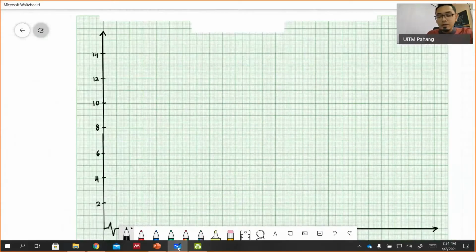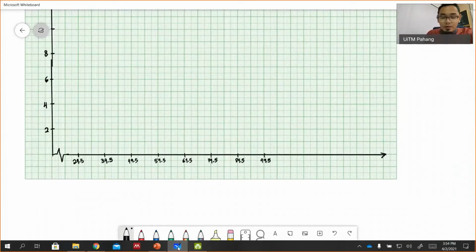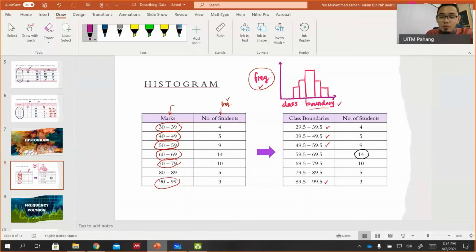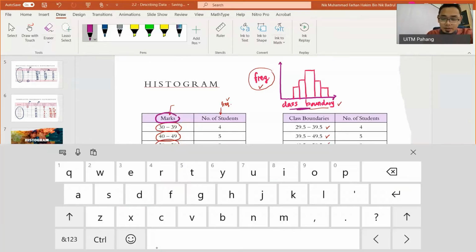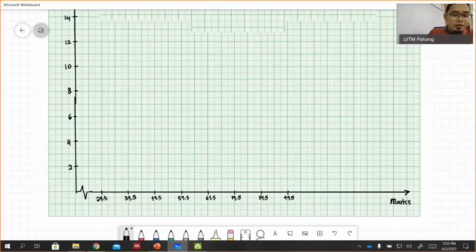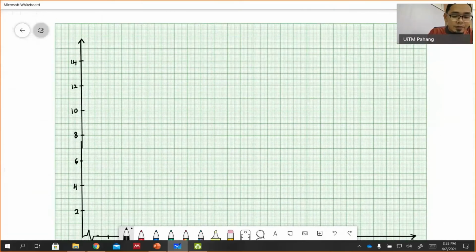On the horizontal axis, or the x-axis, don't write the class boundary. I know that we want to write the values for the class boundaries, but the title for the x-axis is actually the marks, so you write marks of students. The y-axis is the frequency, or you can write the number of students.